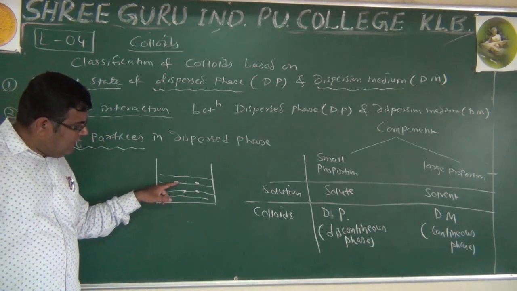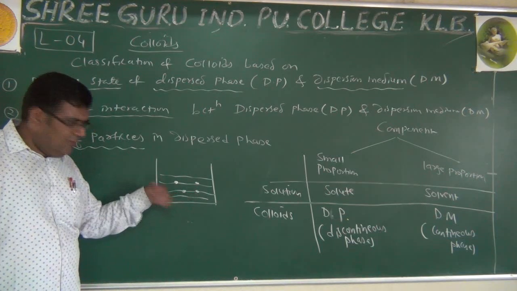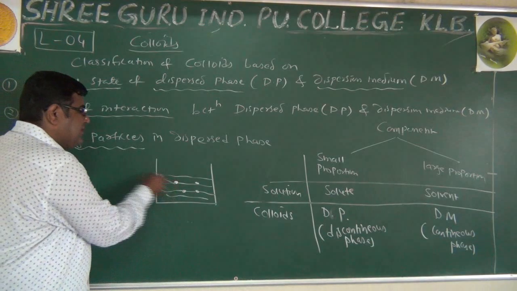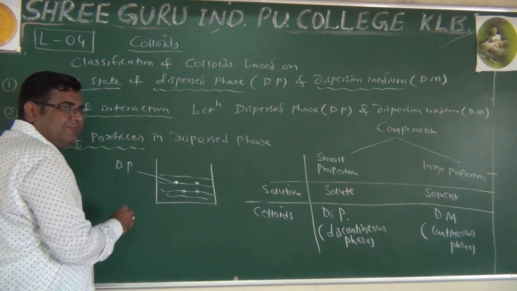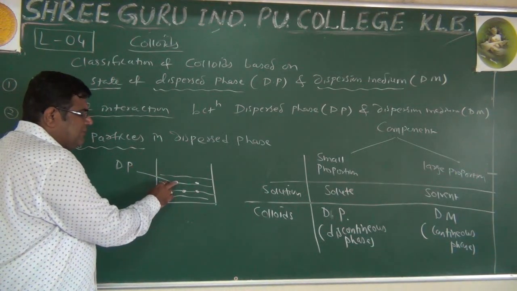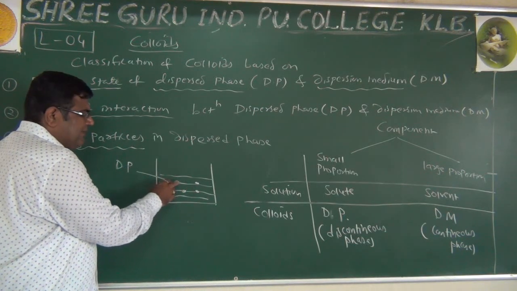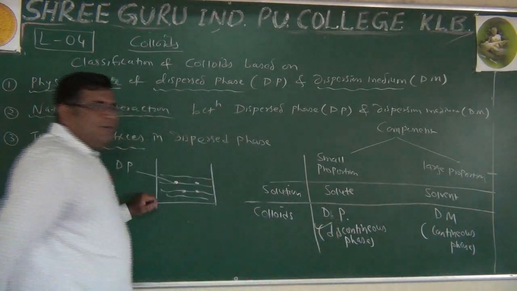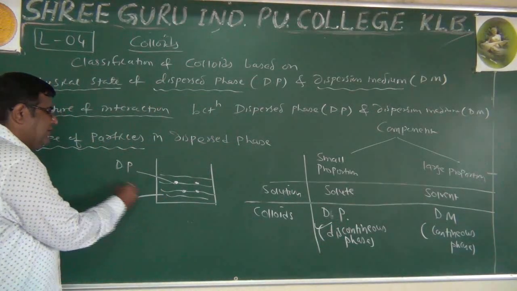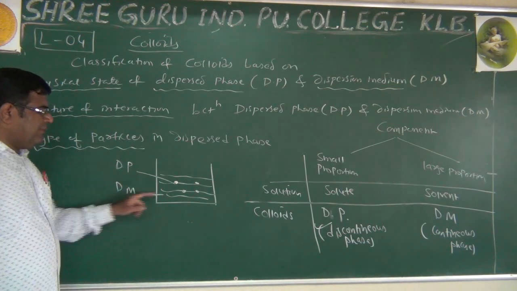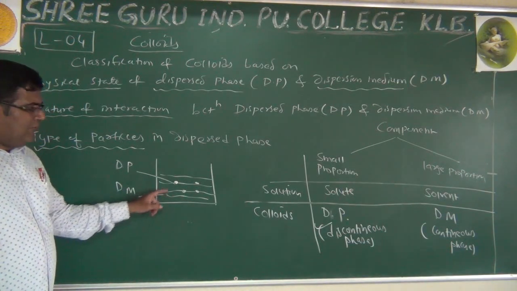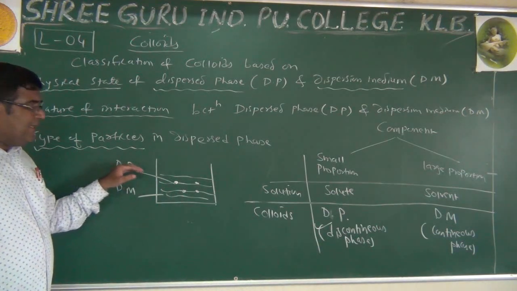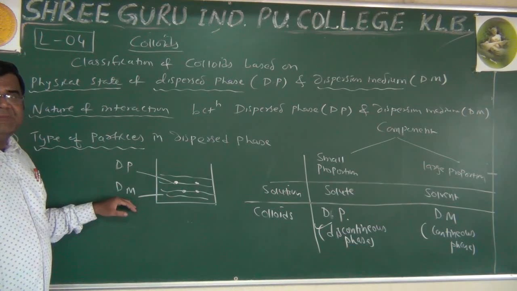If they were dissolved, I would not have drawn this dot; it would disappear. But here they are dispersed. This is called dP. And why is it discontinuous? Because from here to here, a gap is there. They are dispersed here and there. That's why it is discontinuous. And this is called dispersion medium, because it is continuous. So dispersed phase particles are dispersed in dispersion medium.